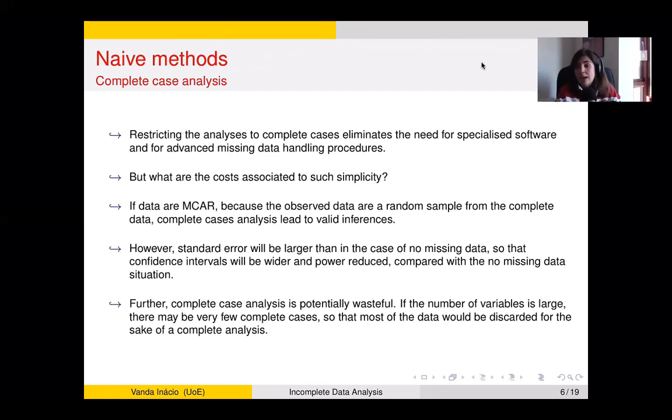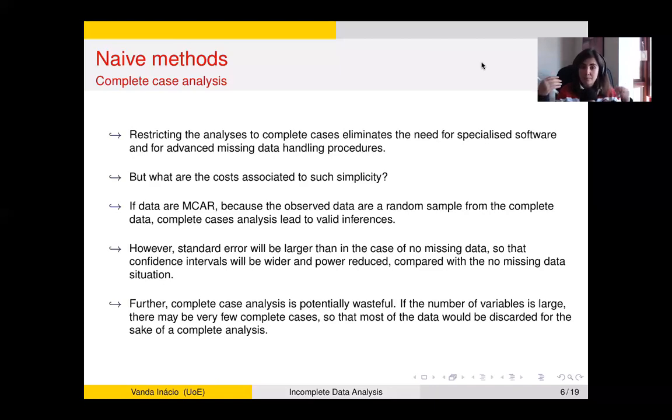In case we have a large number of variables, it's likely that some individuals will have a missing value in one of the variables, and so our data set will be possibly, under a complete case analysis, a much shorter version than what it would have been in case there were no missing values, because we are eliminating the individuals with missing values. We are just disregarding them from our analysis.